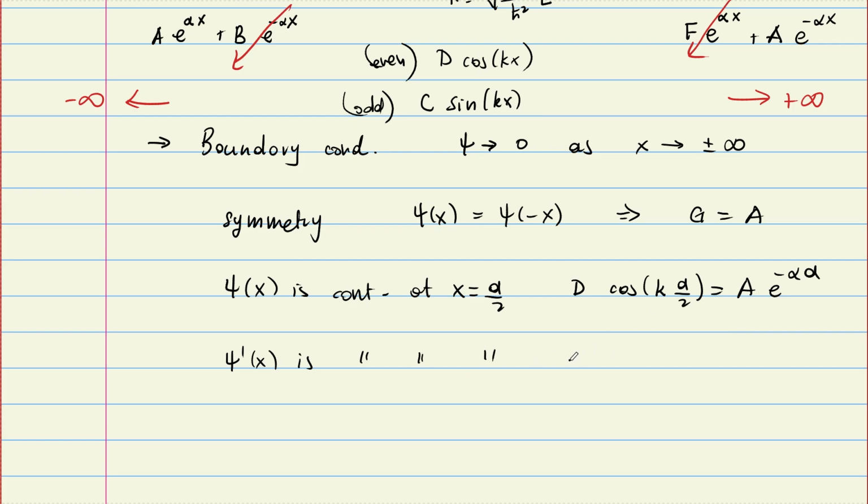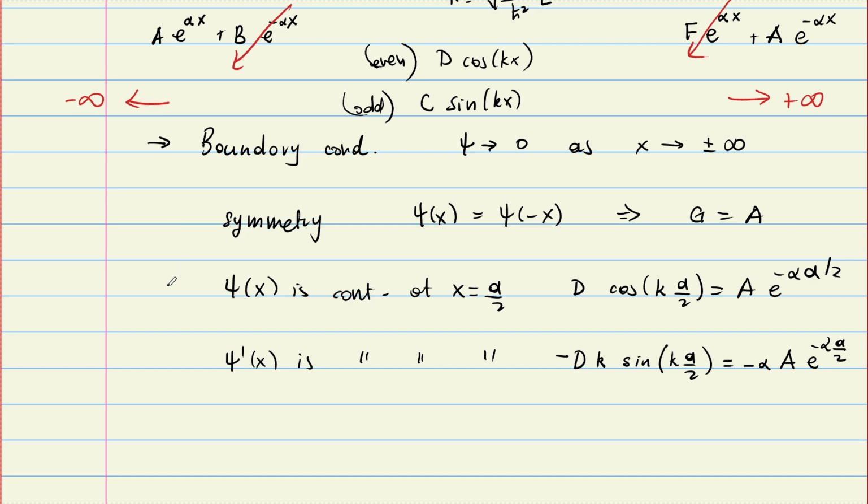So this is going to give me minus d k sine k a over 2 is equal to minus alpha a e to the minus alpha a over 2. Any questions or comments? So basically two coefficients are left, d and a, and I have two equations, so I'm in good shape.